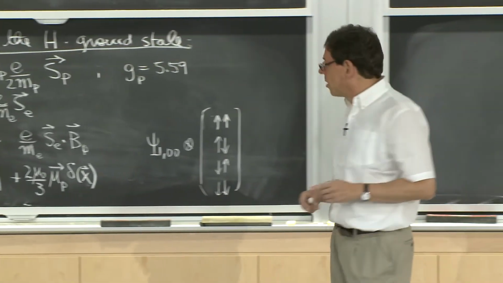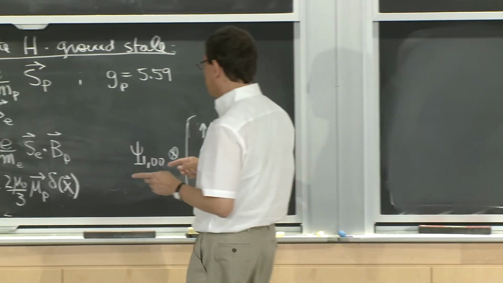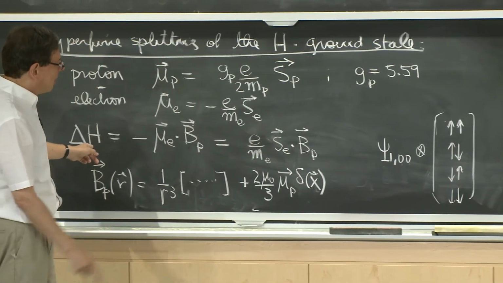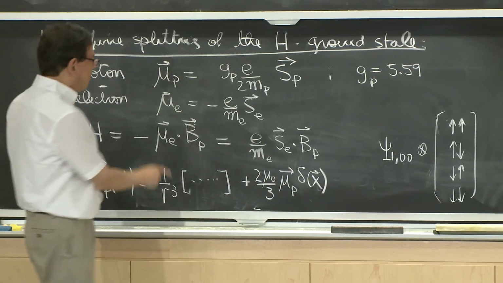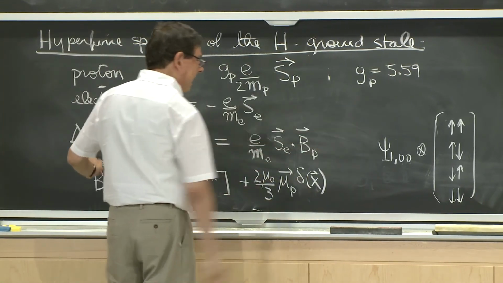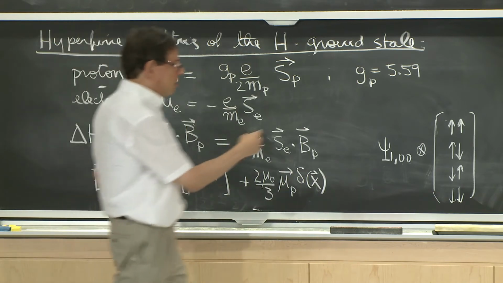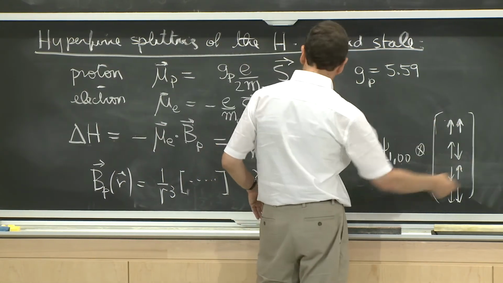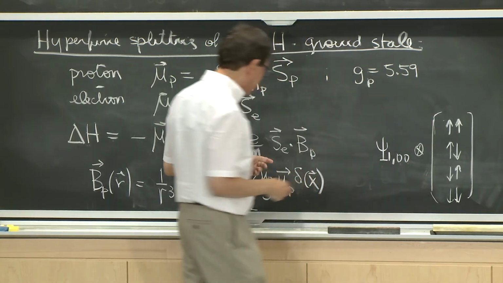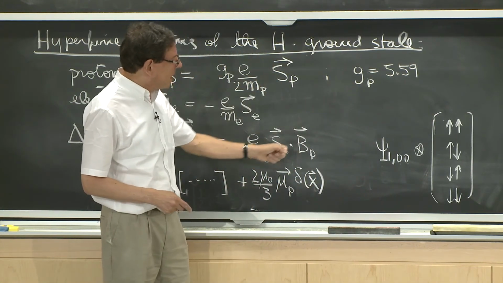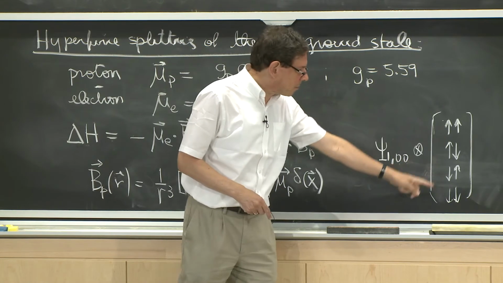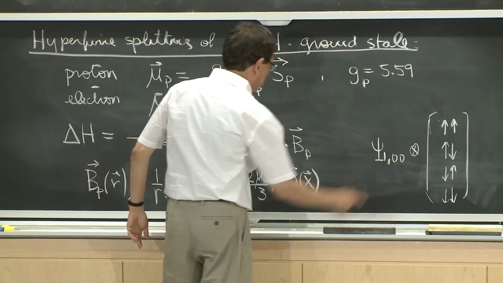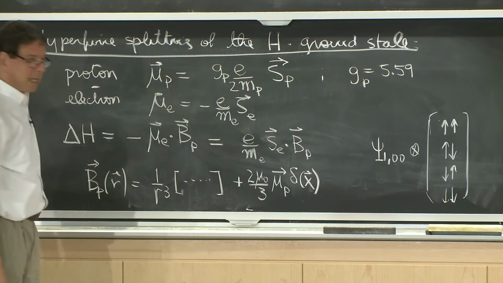So this is what we're going to do. We're going to think of this extra piece in the Hamiltonian, evaluate it for these states, but in order to find the perturbations of the energy, we have to use states that diagonalize this, and the problem is going to be in the spin part, because the spatial wave function is always the same.